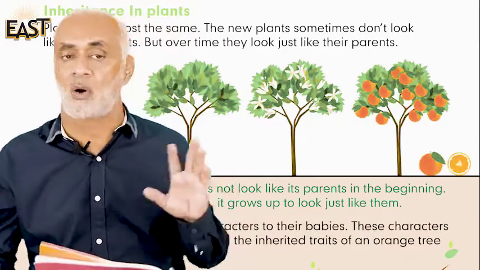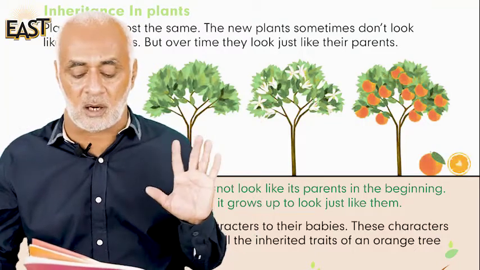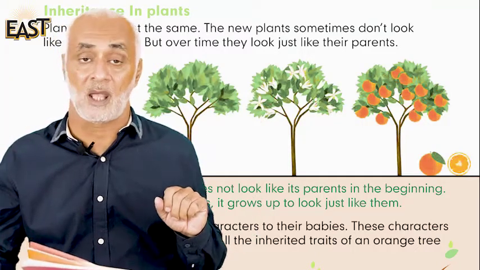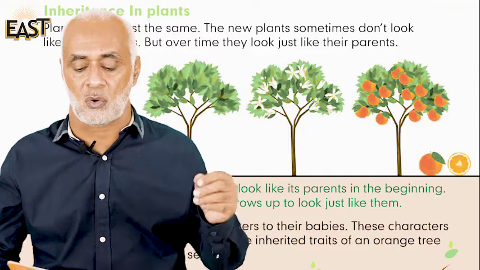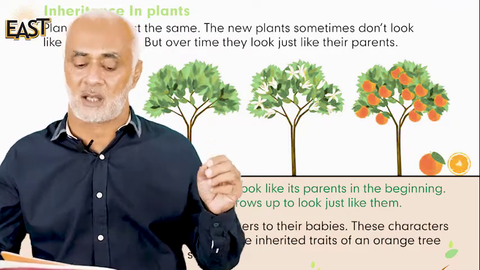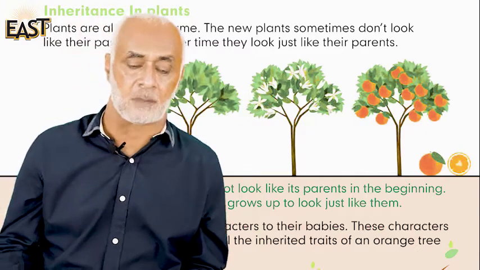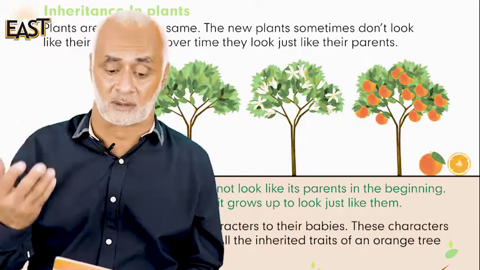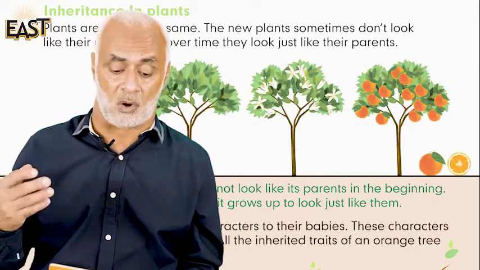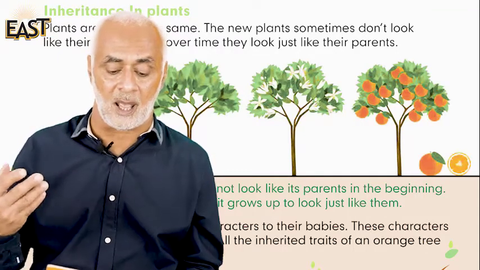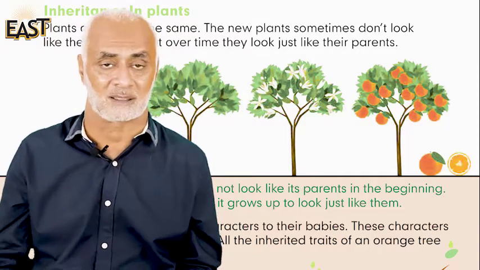A baby orange tree does not look like its parents in the beginning. After a few years, it grows up to look just like them. Parent plants pass on their characters to their babies. These characters are called inherited traits.